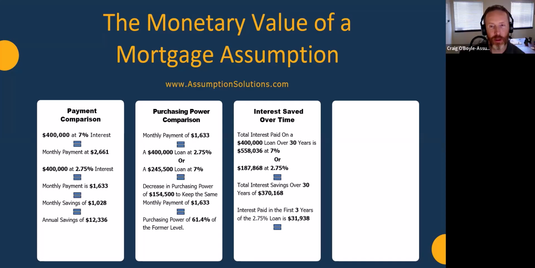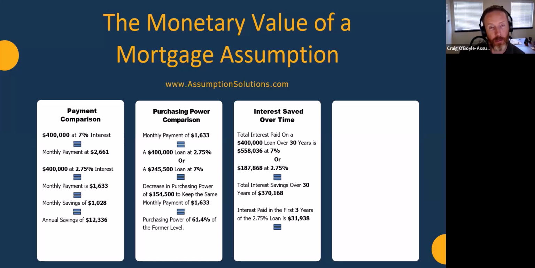Let's do an example, though, of the person who had that home at 2.75% deciding to sell it and allow it to be assumed. And it's 3 years old now. The interest that person who's going to sell that home has paid in the first 3 years of ownership at 2.75% is just under $32,000, $31,938. So that is already paid. The person who buys and assumes that loan does not have to pay it.